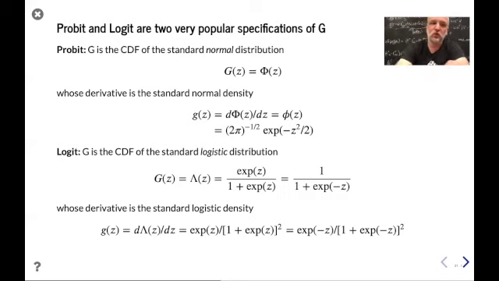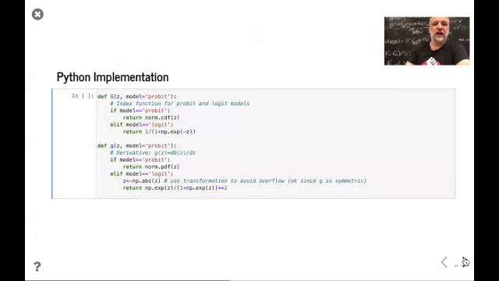Now we have functional forms for our G function and its derivative, the corresponding density. So why don't we try to implement that in Python and display the results, to look at how they look. Here's a Python implementation of what you saw on the previous slide. Essentially there are just 2 functions, capital G for the CDF and small g for the density. It takes the input z, and then you can choose whatever model you want.